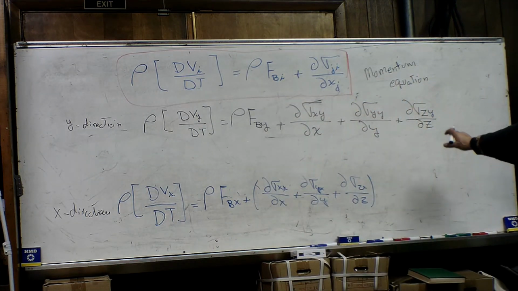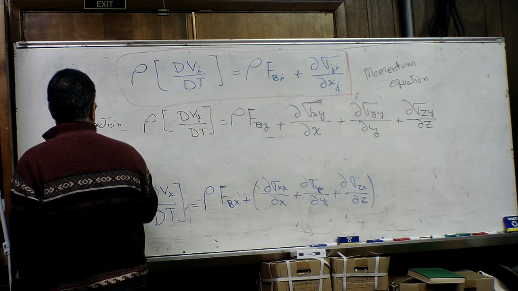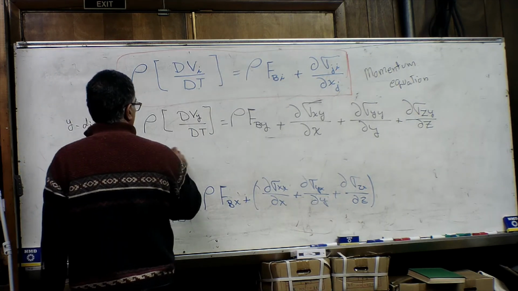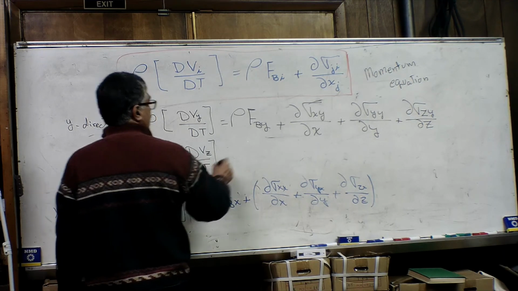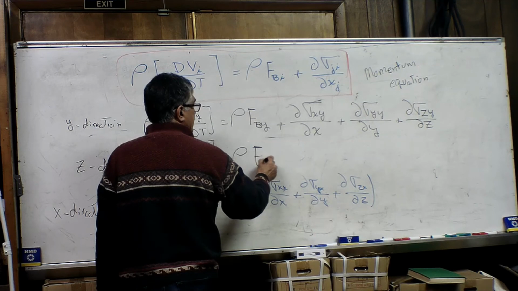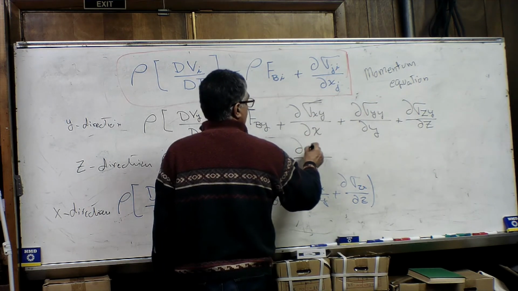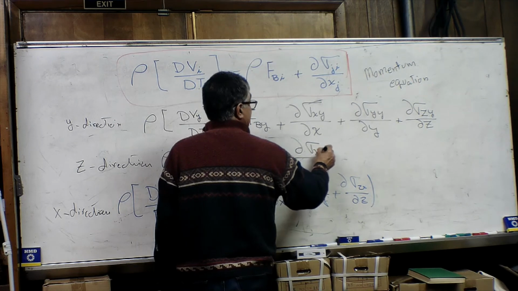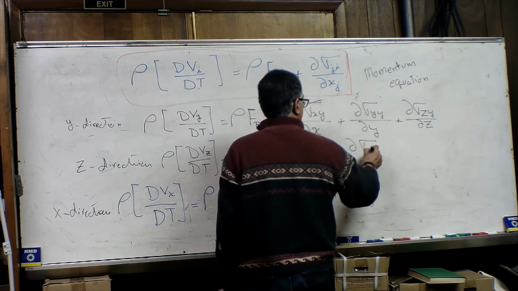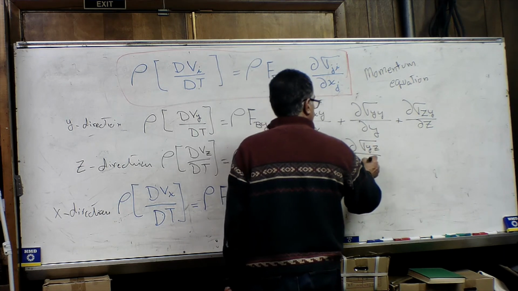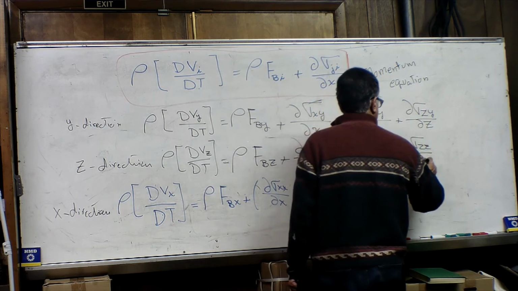So this is the momentum equation in y direction, and the momentum equation in z direction will be rho dVz/dt equal to rho multiplied by the body forces in z direction plus partial derivative of sigma xz in x direction plus partial derivative of sigma yz in y direction plus partial derivative of sigma zz in z direction.